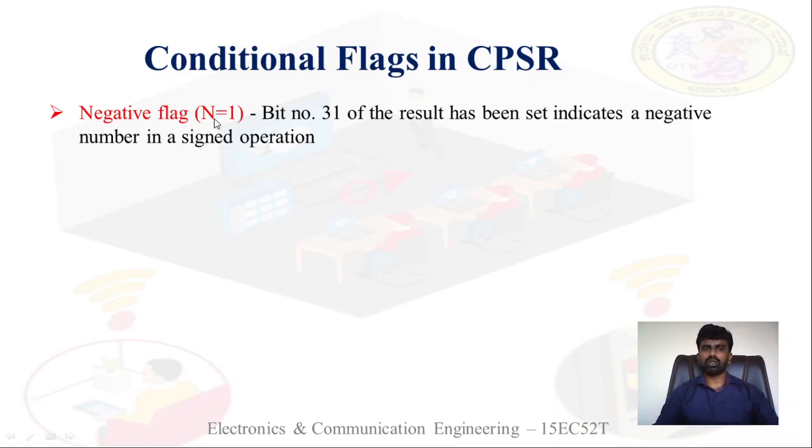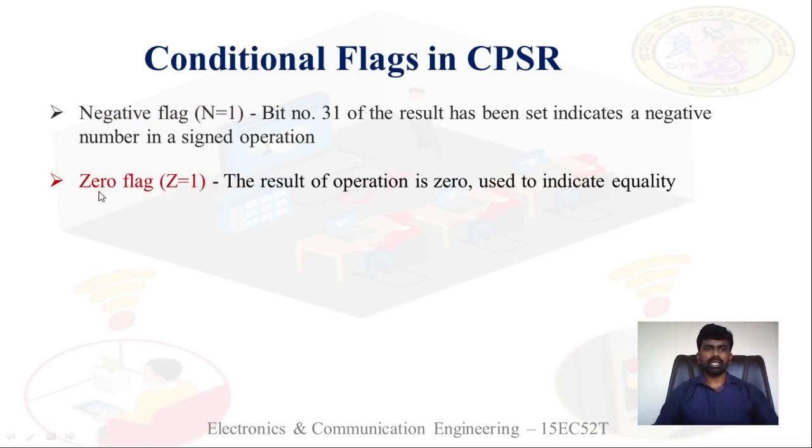When it is equal to 1, that means bit 31 is 1, so it's a negative number. Then there is the zero flag.